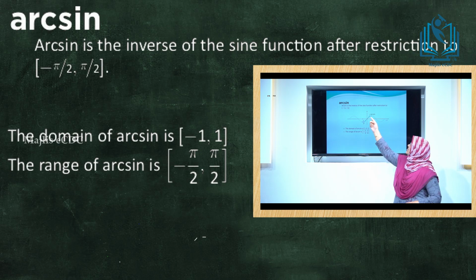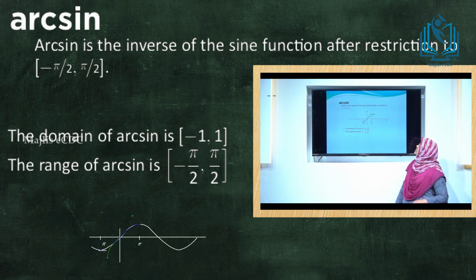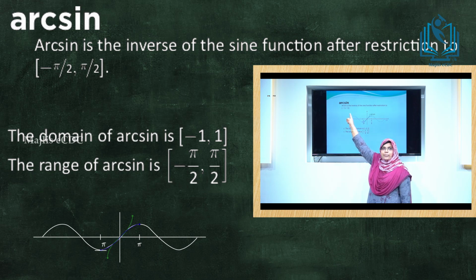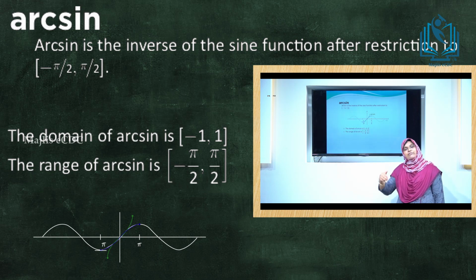Arcsine. Arcsine is the inverse of the sine function after restriction to the closed interval minus pi by 2 to pi by 2. Thus, we can find the inverse of the sine function. Here is the graph of the sine function. We restrict the domain to minus pi by 2 to pi by 2, and we can find its inverse.